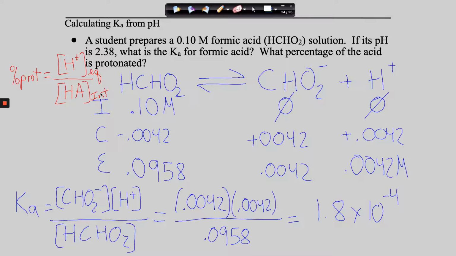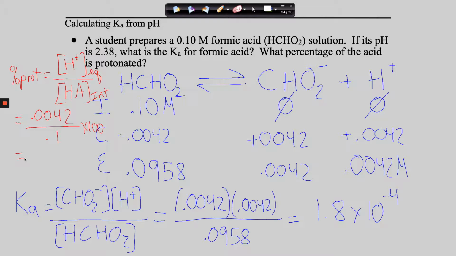So guys, let's do this together. What is the concentration of hydrogen ion at equilibrium? 0.0042. Forgive me for not putting units, but I'm pushed for space. Now, what is the concentration of our acid initially? 0.1, and then we're going to do this times 100.